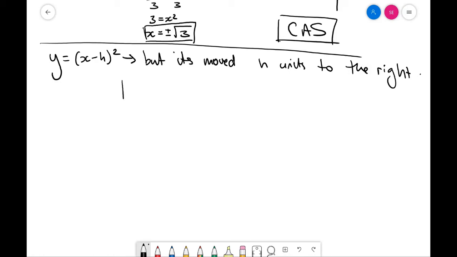So let's have a look at 2a. Now I've got y is equal to (x minus 2) squared.